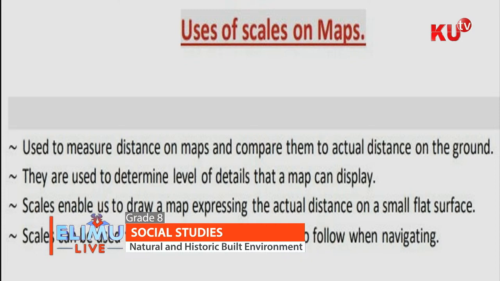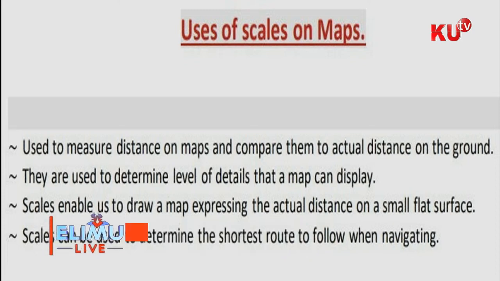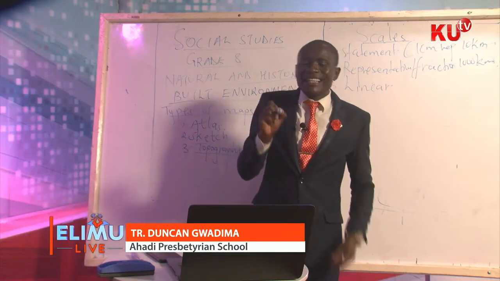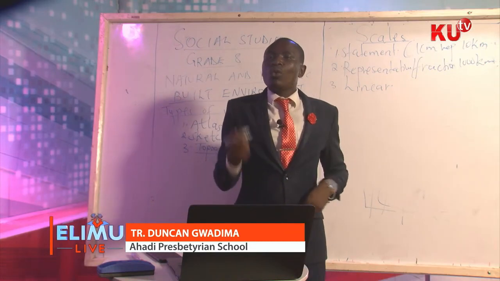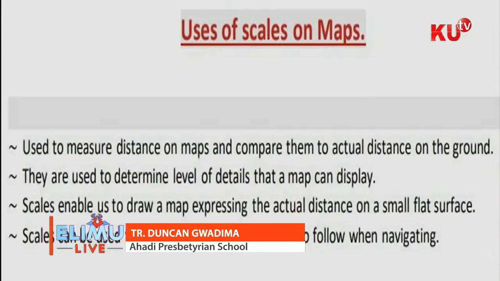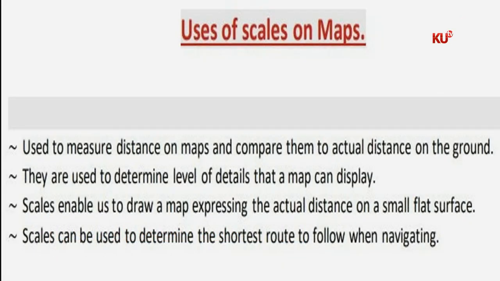So that scale is the one that will help us to reduce the bigger surface into a small flat surface. And then lastly, scales can be used to determine the shortest route to follow when navigating. When you want to navigate, the scale is going to help us determine which is the shortest route you can follow.